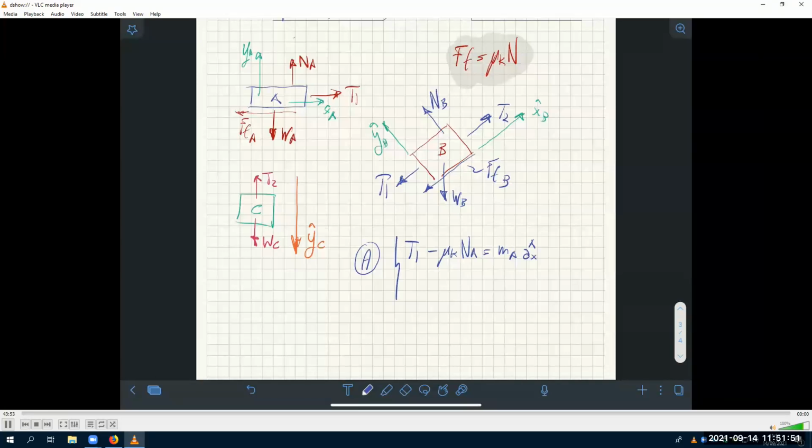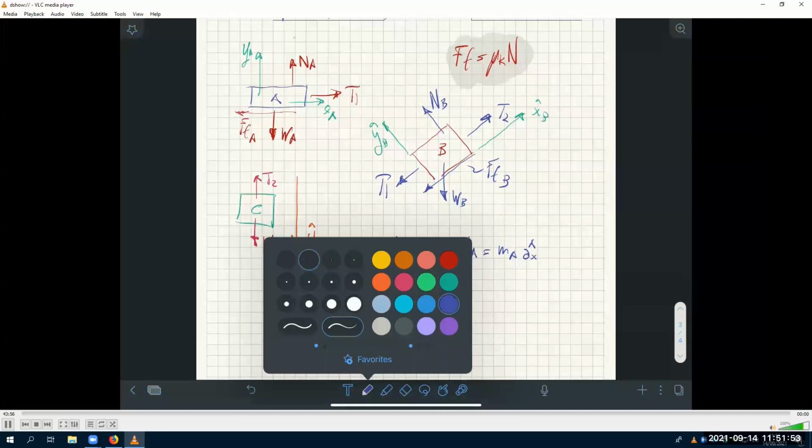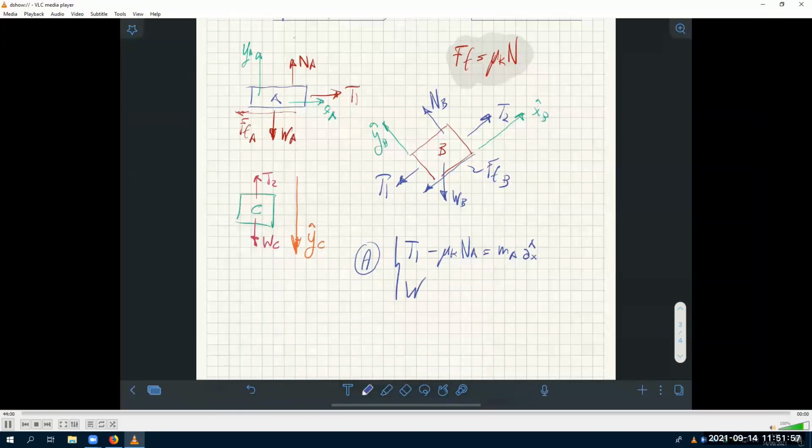So we can just say that WA equals NA. Let's write the equation: NA minus WA equal to 0. So that means that this NA is WA. That's all we can say about body A.